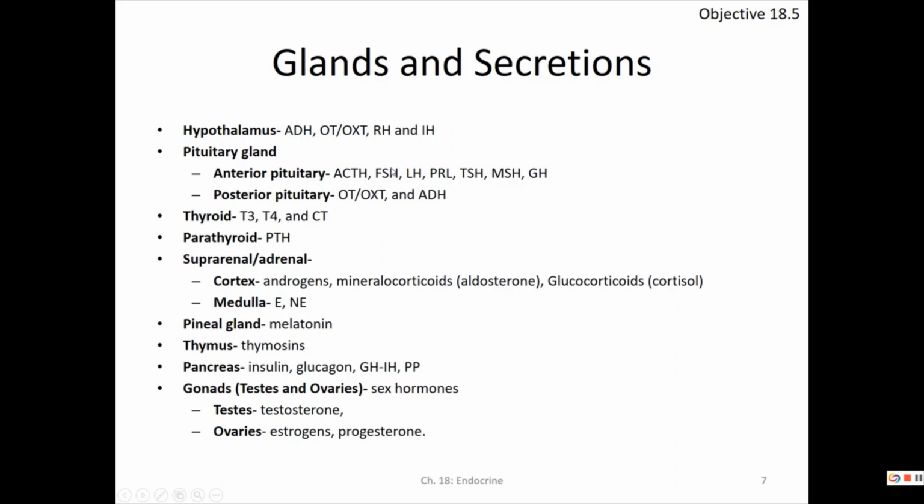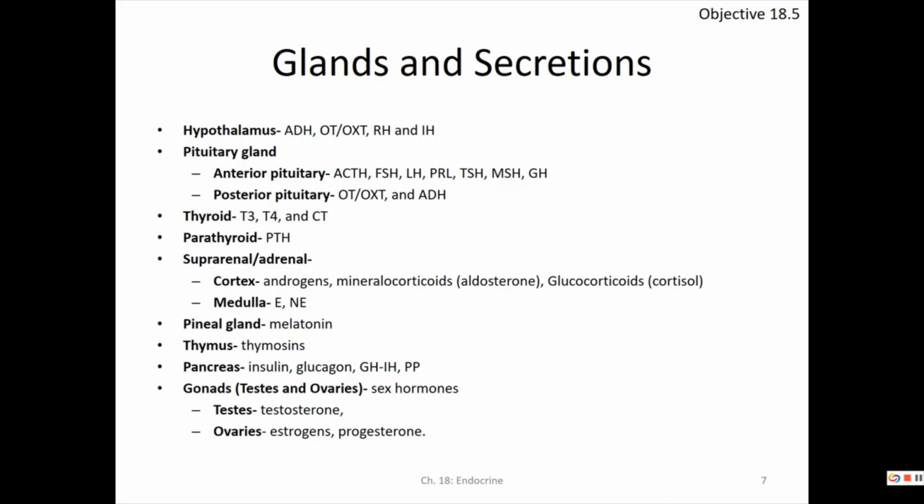M, MSH. F, FSH. L, LH. A, ACTH. T, TSH. P, PRL. I stands for ignore because I wanted to spell flat pig, and G is GH. That's a mnemonic that I've used in the past, M flat pig. You just got to remember that I stands for ignore.